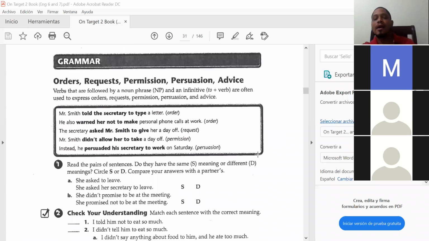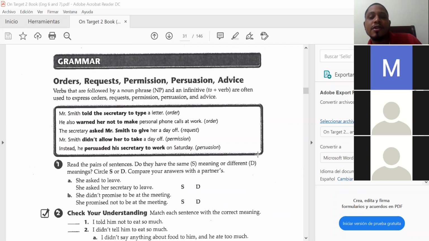Here we have another grammar that is very related to what we have been speaking about. These are some verbs. We have many verbs in English that we use to express orders, request, permission, persuasion, or advices.